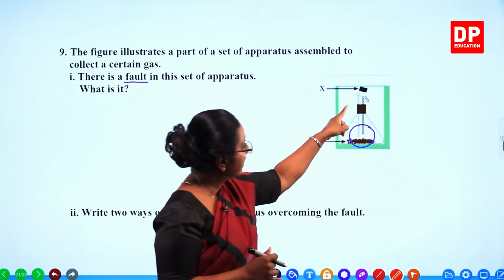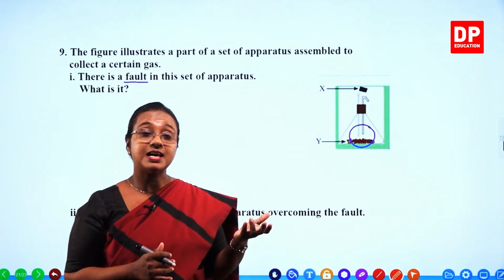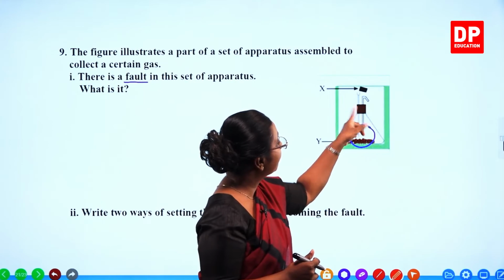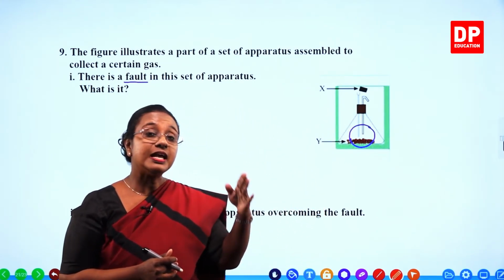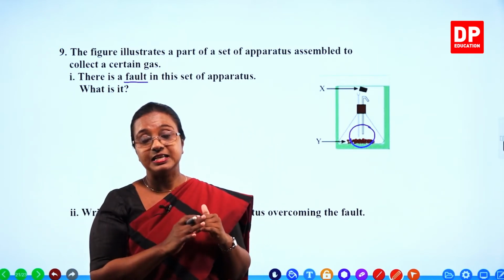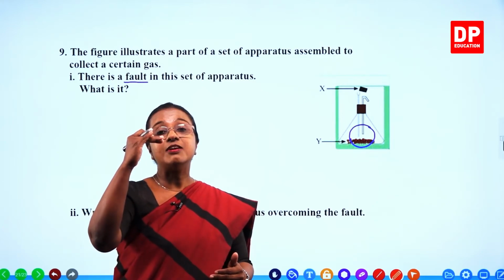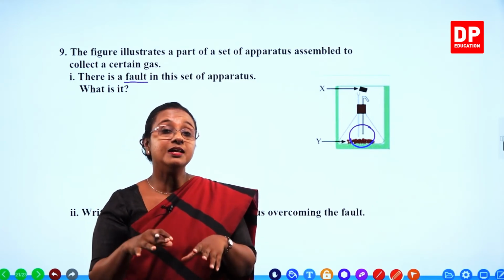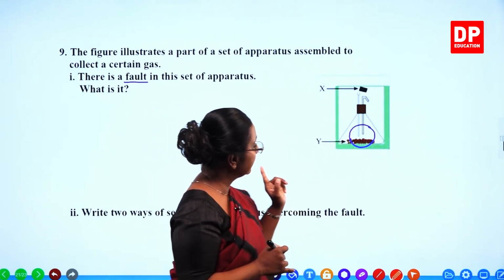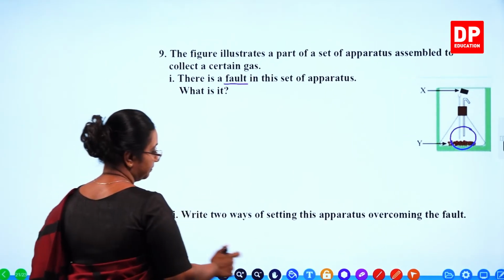So because of that, that has to come down, right down, and also when the gases are released, they go up. So because of that, when we have the delivery tube up, only the gas that is released will enter into that and will be delivered and collected in the gas jar. So the thistle funnel has to be right down and the delivery tube has to be above the reaction mixture. So that is the mistake that you can see in this diagram. So that is what we have to write here.